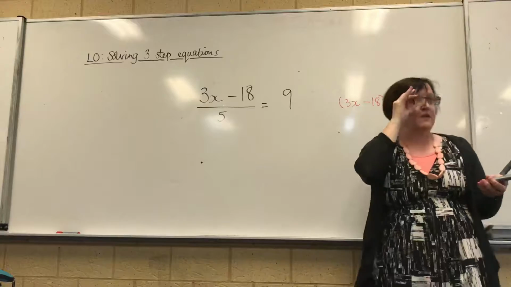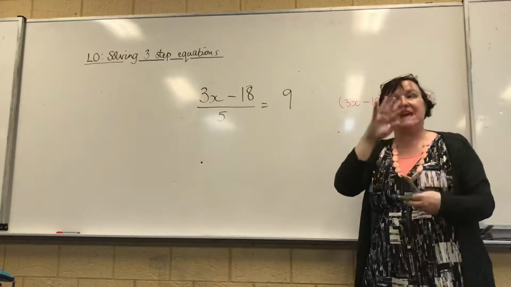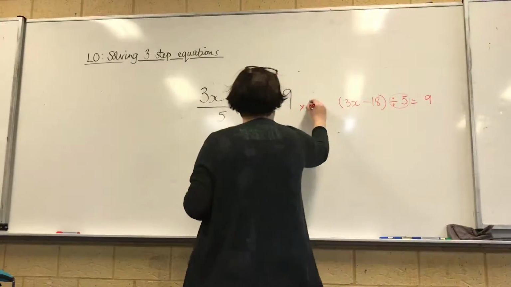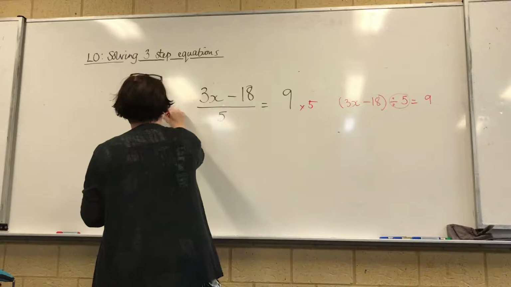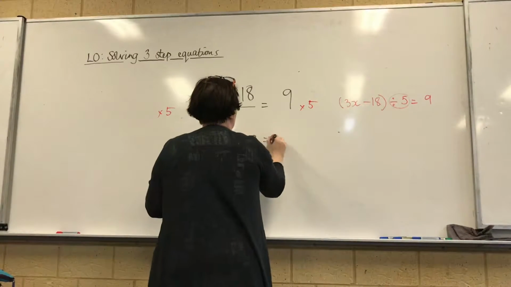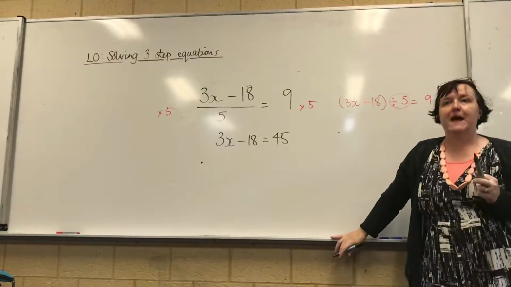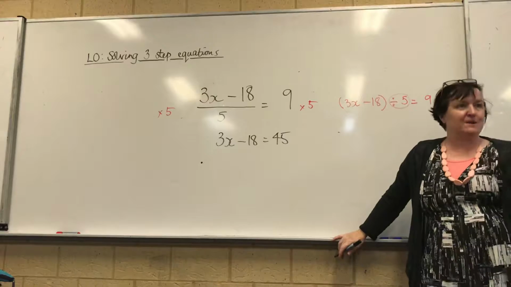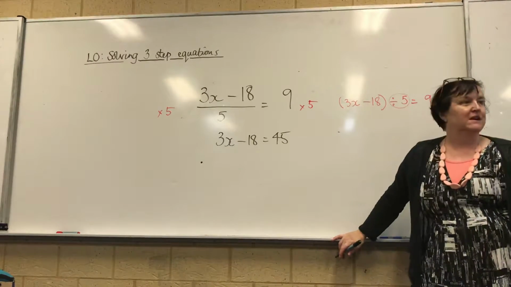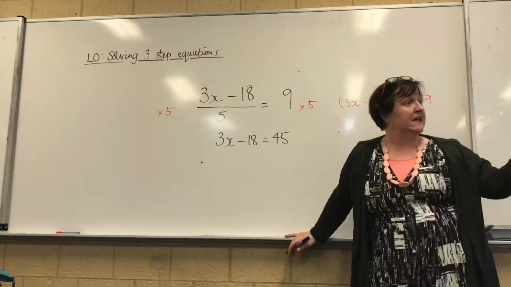Okay, so if the divide by 5 is the thing we need to eliminate, what's the inverse of divide by 5? Multiply by 5, both sides. So then we've got 3x take 18 equals 45. Now what do I need to do? Again, it's a bit obvious now which one's the constant that we need to eliminate. Negative 18. So what's the inverse of negative 18?